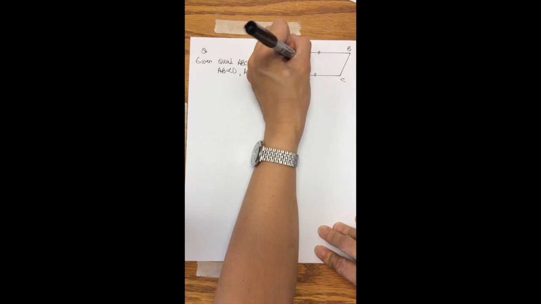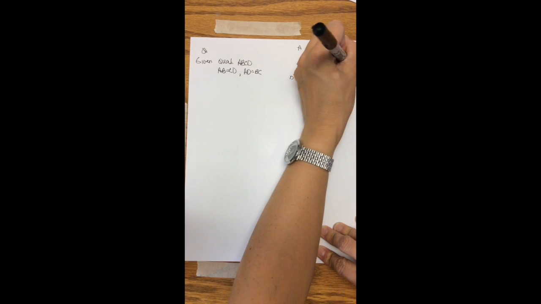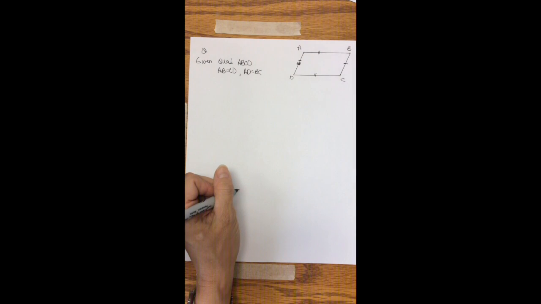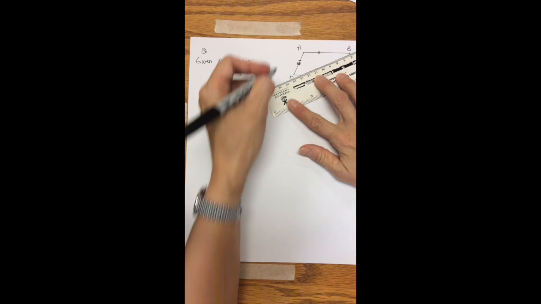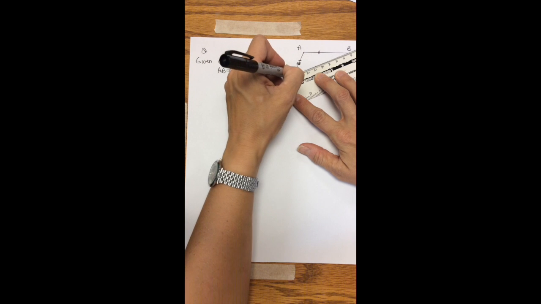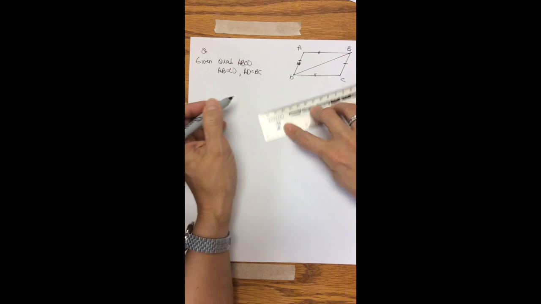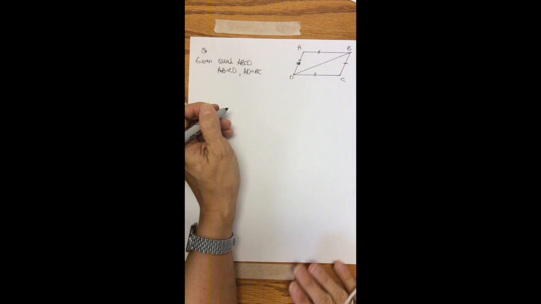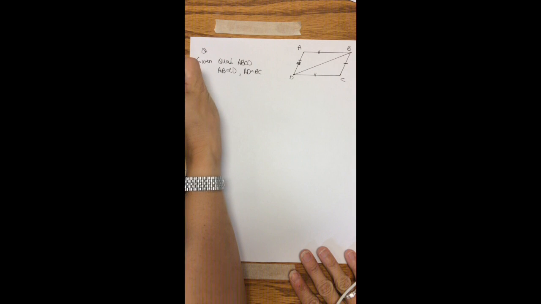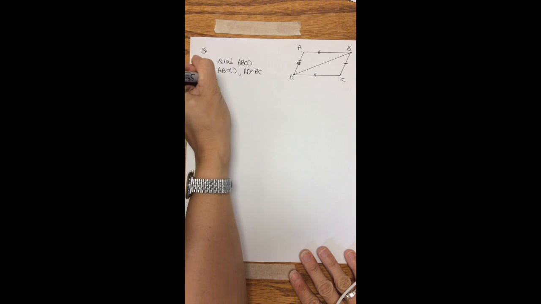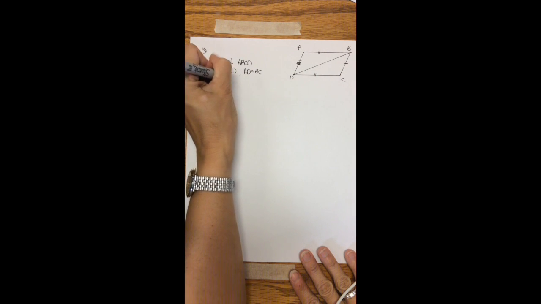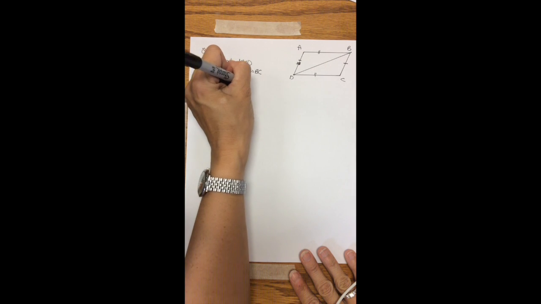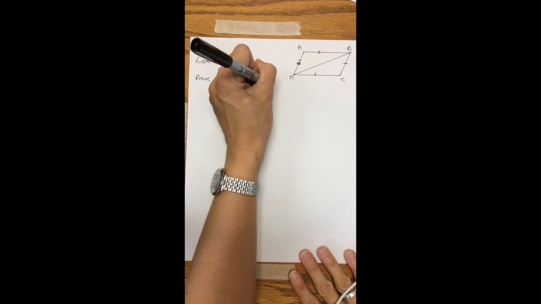Oops, single tick. Can't erase it, sorry. Construct a diagonal. And we're trying to prove that quadrilateral ABCD is a parallelogram.